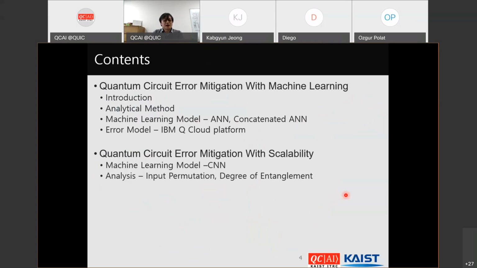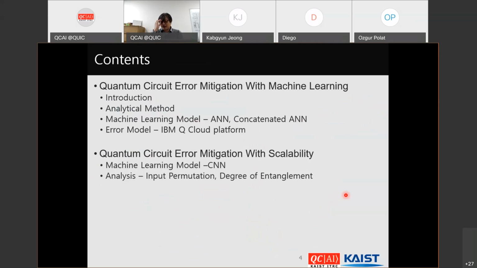So the contents of my talk are as follows. I'm going to introduce quantum circuit error mitigation, and in this stage we explore some possible solutions.